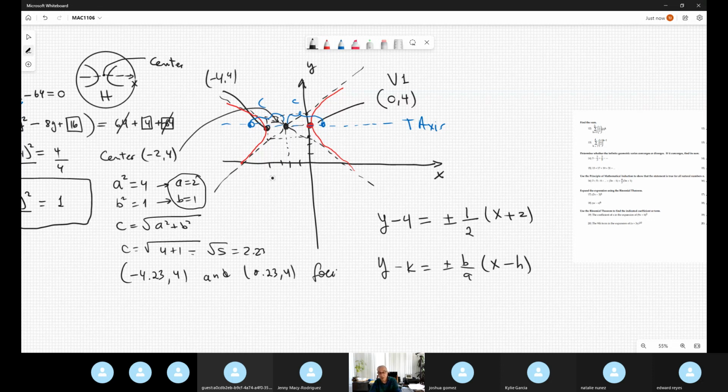It's the formula when you have a hyperbola like that. If we have a hyperbola like that, it's different. It's y minus k equals plus or minus a over b. It's the same, but you flip the slope, times x minus h. But this is not important. What's important in our example is b is 1, a is 2, h is negative 2, k is positive 4.